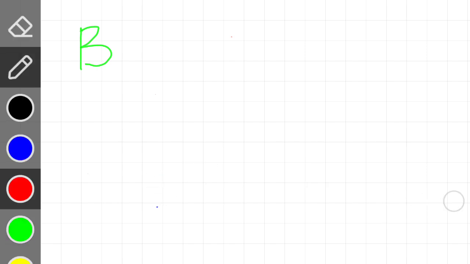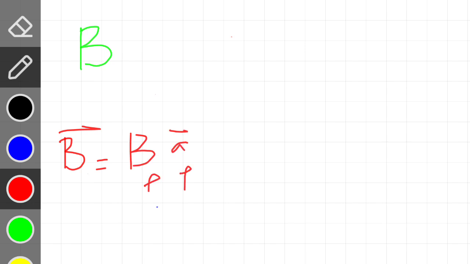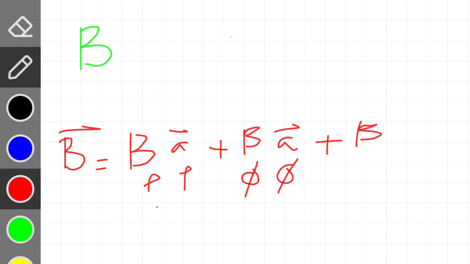This vector in the cylindrical coordinate system will be equal to B. This vector will have a component in the direction of the unit vector a rho, a component in the direction of the unit vector a phi, and a component in the direction of the unit vector az. So this is how we represent a vector in the cylindrical coordinate system.